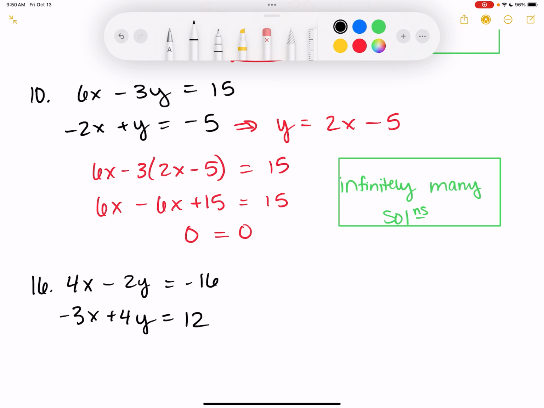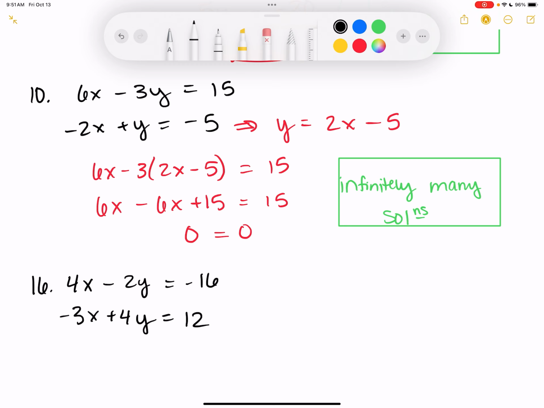The way that a lot of books teach it is they will tell you to always multiply by a positive number and then subtract, like the bottom from the top or whatever. I always say get it such that the variable will automatically cancel without you having to do anything. So in this case, I'm going to do the y's, because 2 and 4, all I need to do is multiply this one by 2 and they cancel.